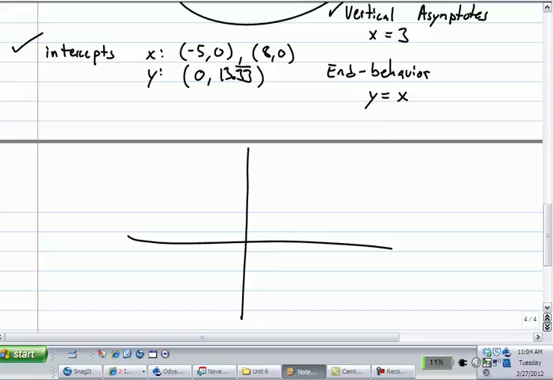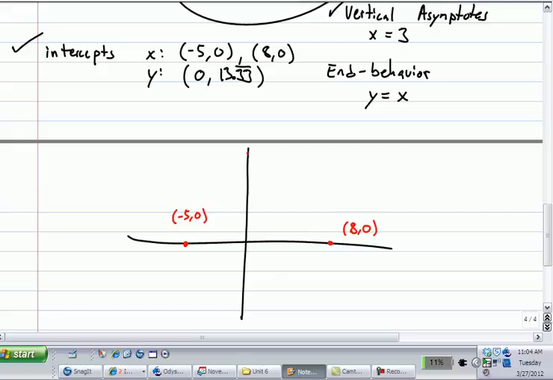Okay, so I'm going to go ahead and do the intercepts first. Is it x? X is horizontal, right? It's x, y. Yep, x is the horizontal. So 0, 13.33.